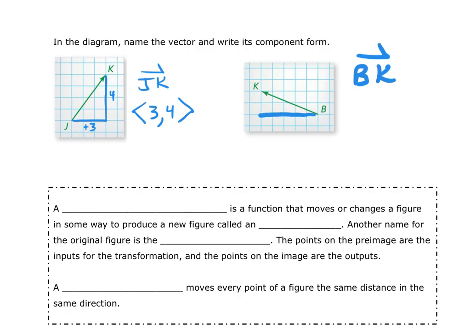So in this case, we're going to move left, 1, 2, 3, 4, 5. So that would be a negative. Because we move left, that would be a negative. And then to get to K, we got to go up 2. So <-5, 2> would be our component form.